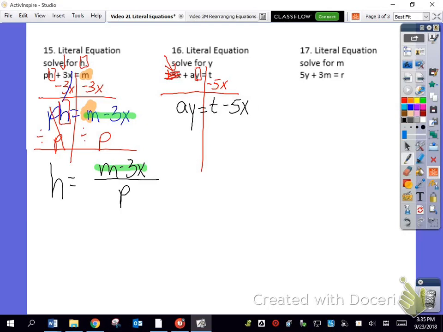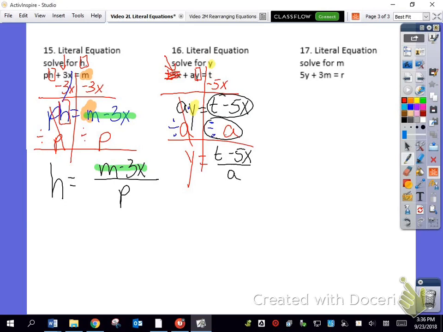Now, the opposite of multiplying by 5, remember this is times, the opposite of multiplying is to divide. And you are solving for y. So I divide by the number that's in front of y. I divide by a. So y equals, draw your division sign. Everything on the top, t minus 5x goes on the top. Whatever's behind the division goes on the bottom. There's your a, and you're done.